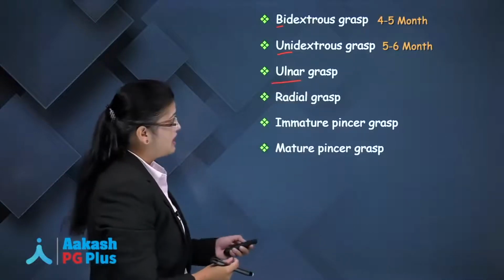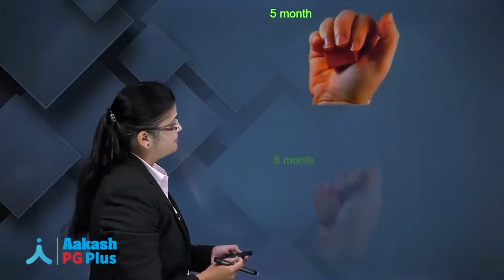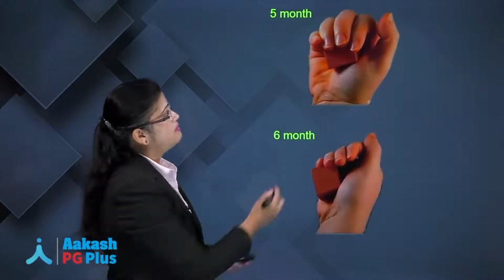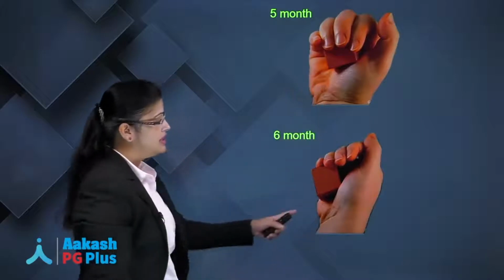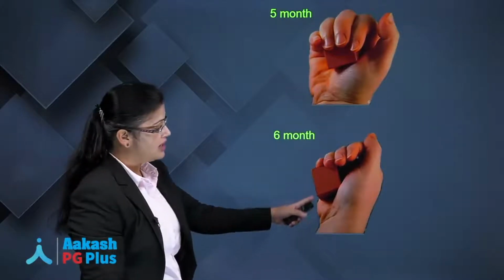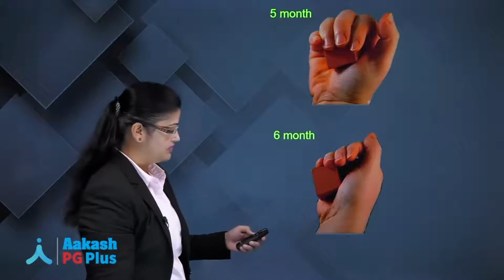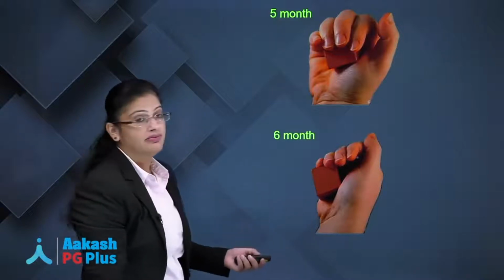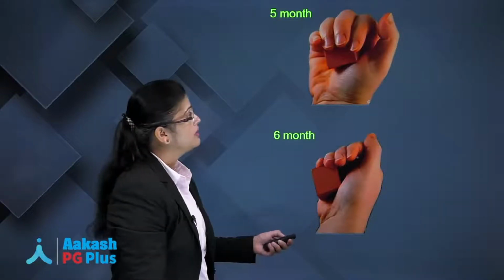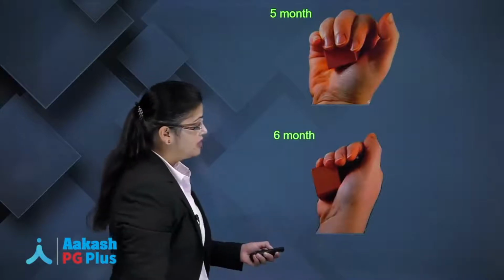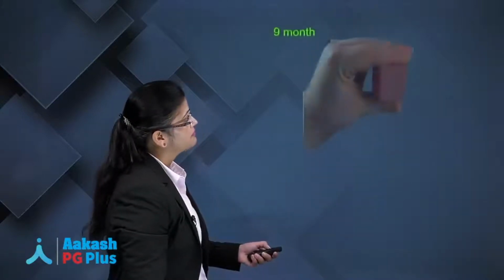Following this, you should know what the ulnar grasp is. So this is the palmar grasp and this is the ulnar grasp, towards the ulnar aspect of the hand. Following this, the child develops a radial grasp. That means the grasp matures a bit.